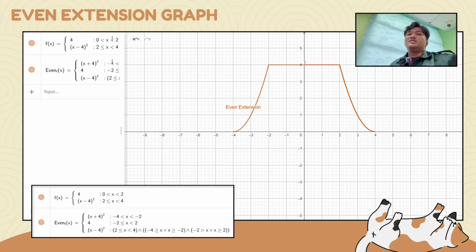For the right side, from 0 to 4, a flat horizontal line from x equal to 0 to x equal to 2 at y equal to 4, followed by the parabolic curve dropping from (2, 4) down to (4, 0). This graph looks perfectly symmetrical across the vertical y-axis, the same as a mirror reflection.